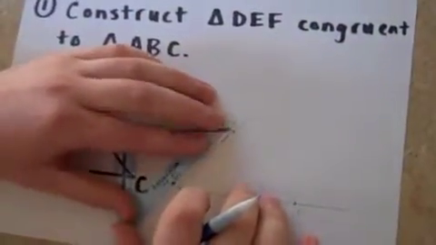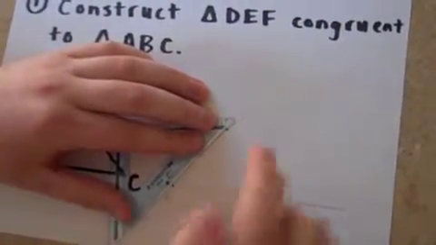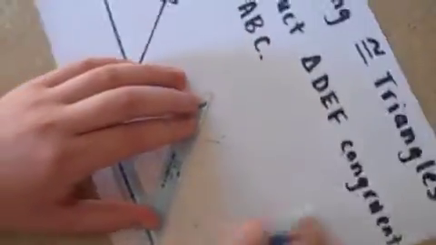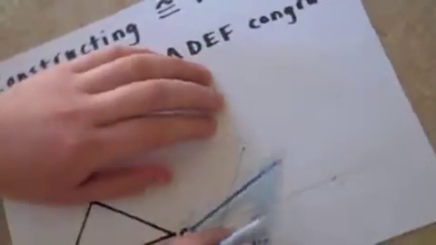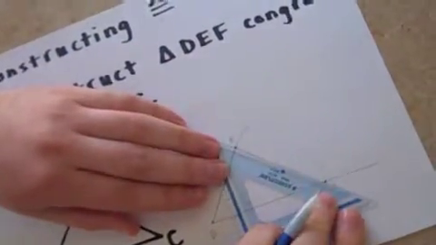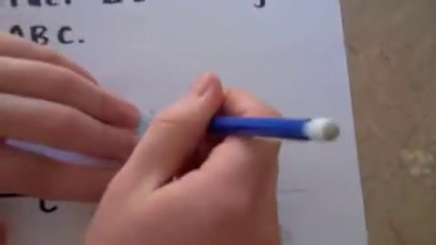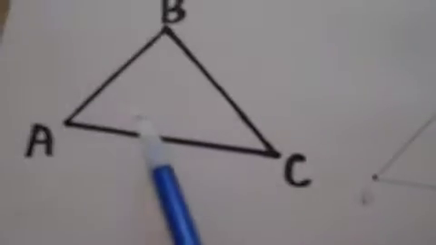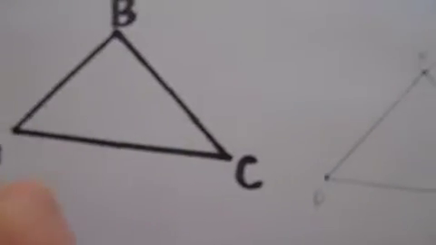We connect D to E. And lastly, we connect E to F. And you are finished. We have this triangle being perfectly congruent to this triangle.